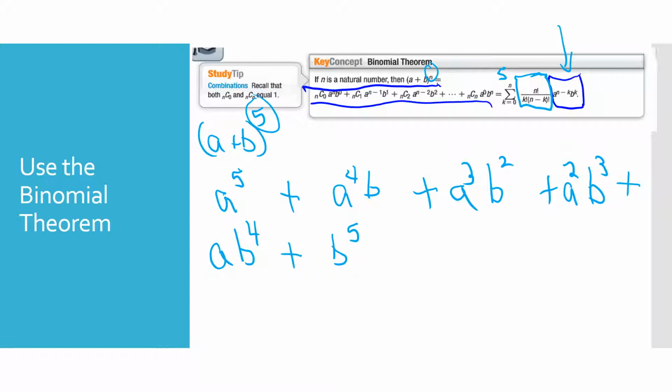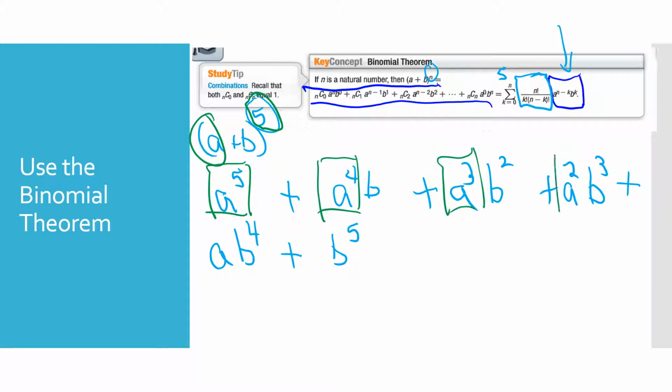Now, notice the pattern here. My first variable, my a, we start off with it raised to the power that we are expanding the binomial to. And you can see that these values of a start at 5 and go all the way down, 5, 4, 3, 2, 1.